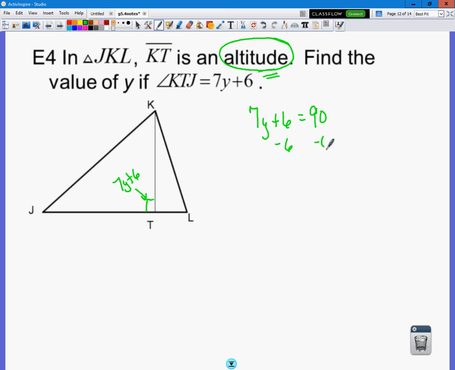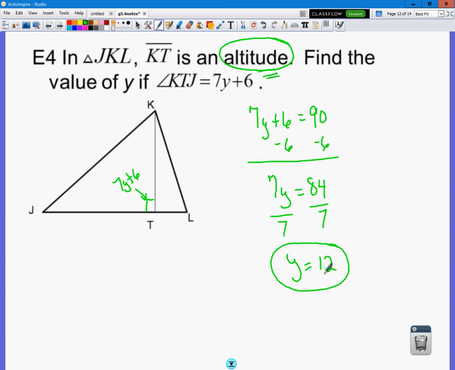We're going to subtract 6 from both sides. 7y is equal to 84. And we're going to divide both sides by 7. And y would be equal to 12. Pretty good?